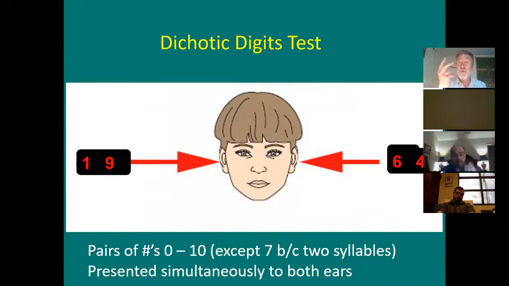But 1, 2, 3, 4, 5, 6, 8, 9, 10. These will be randomly presented to your ears in pairs. So you might hear, for example, 1, 9 in the left ear and 6, 4 in the right ear. Different stimuli to the ears at the same time.